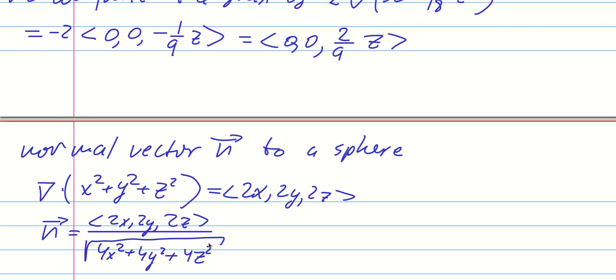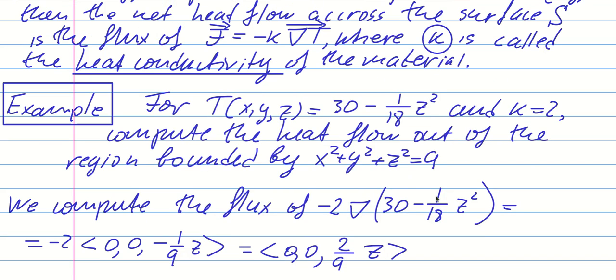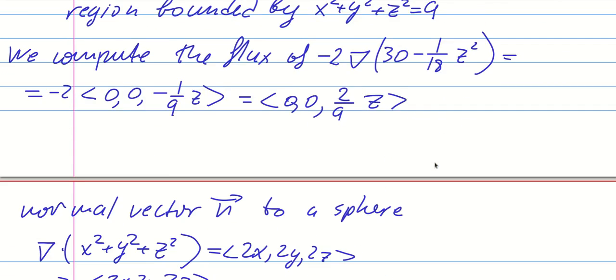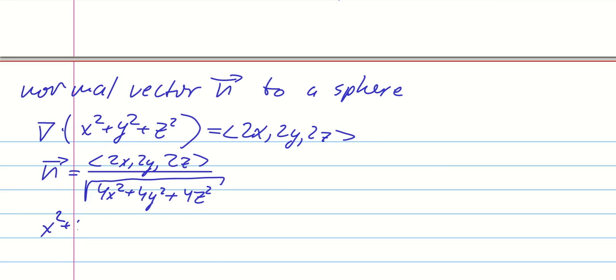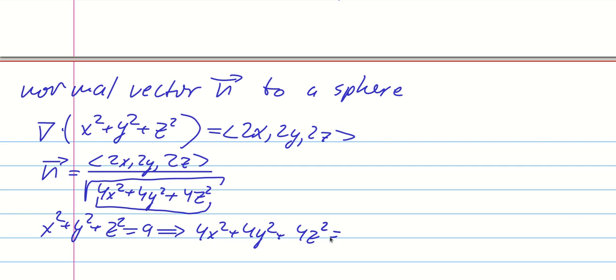All right. But since we have the equation of our sphere, x squared plus y squared plus z squared is equal to 9. If we multiply both sides by 4, that would mean that 4x squared plus 4y squared plus 4z squared is equal to 36. And we can take this and plug it in over here.